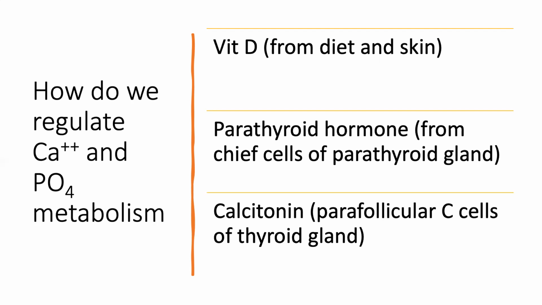The parathyroid glands are small glands on the posterior surface of the thyroid, and they secrete parathyroid hormone from the chief cells. The parafollicular cells, or C cells, of the thyroid gland secrete calcitonin. The names are slightly confusing, but we need to remember: calcitonin comes from parafollicular cells or C cells of the thyroid gland, and parathyroid hormone from the chief cells of the parathyroid gland.